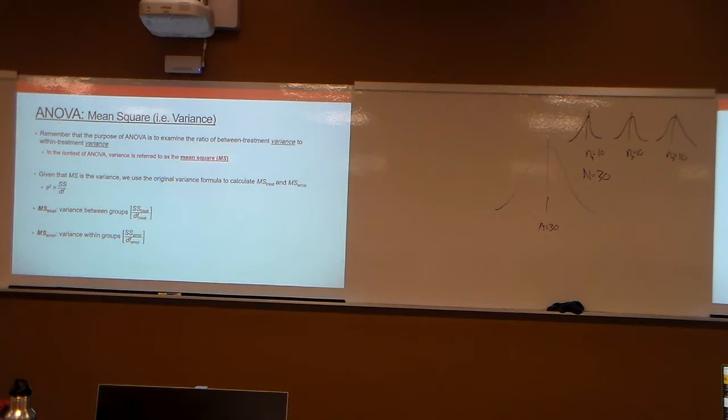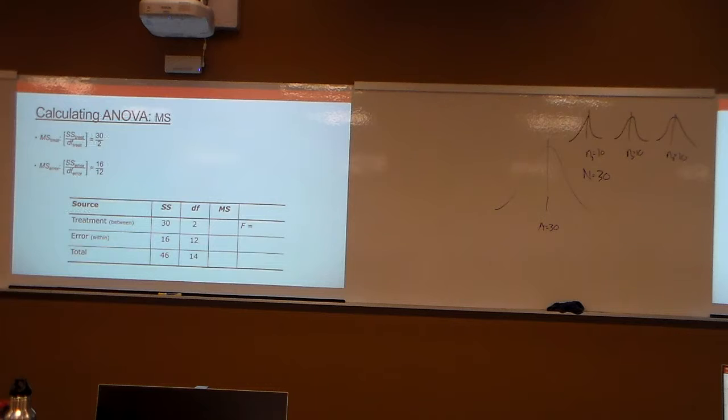Once we've got that, the mean square is pretty easy to get. Mean square for our treatment is just going to be the sum of squares treatment over degrees of freedom treatment. Mean square error is just the sum of squares error over degrees of freedom error. And this just gives us a variance component. So we can literally interpret it as variance, just like we would interpret any other variance component here.